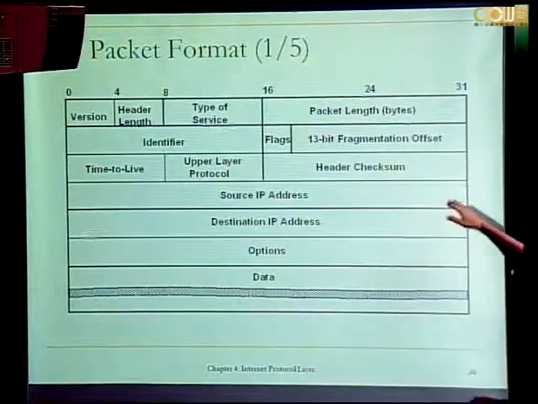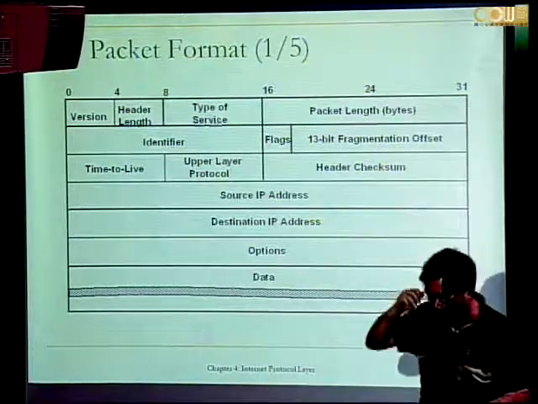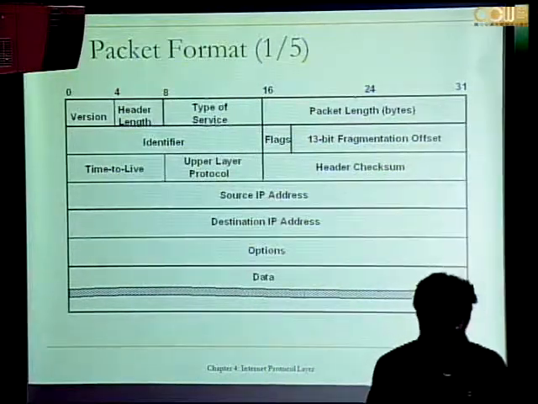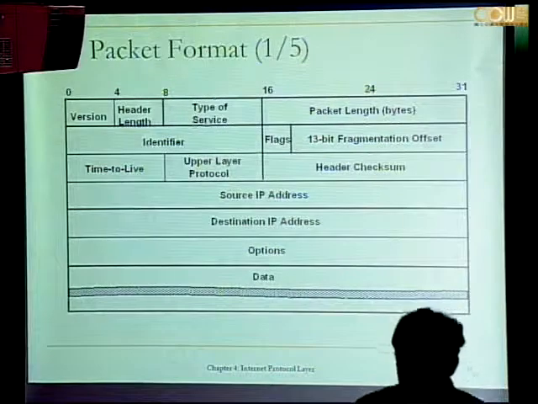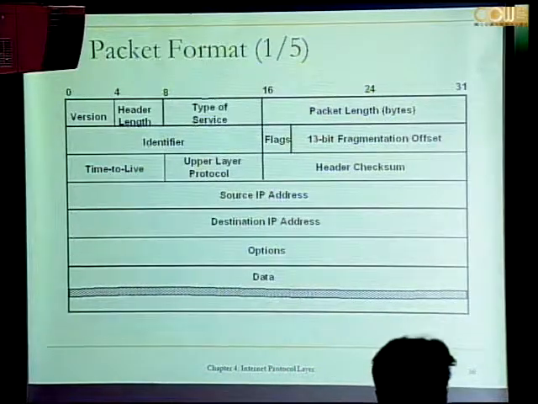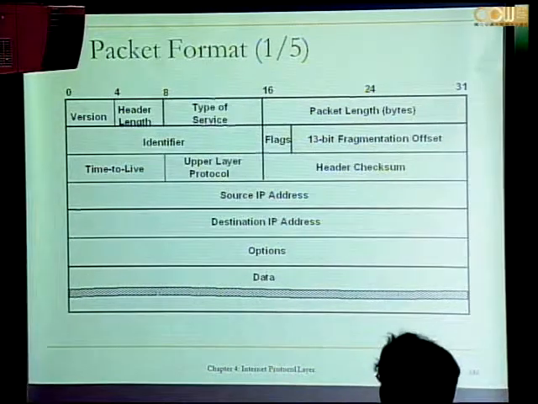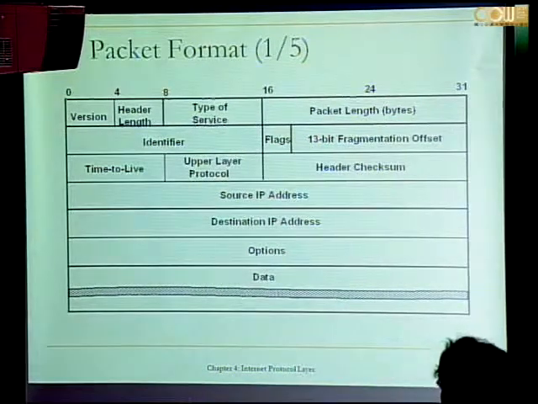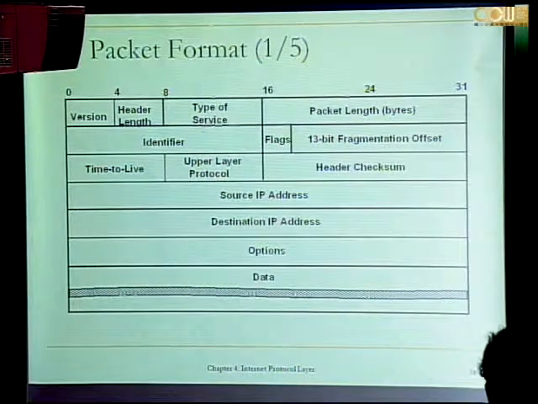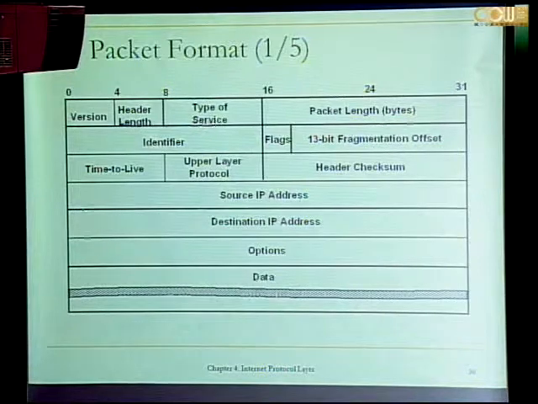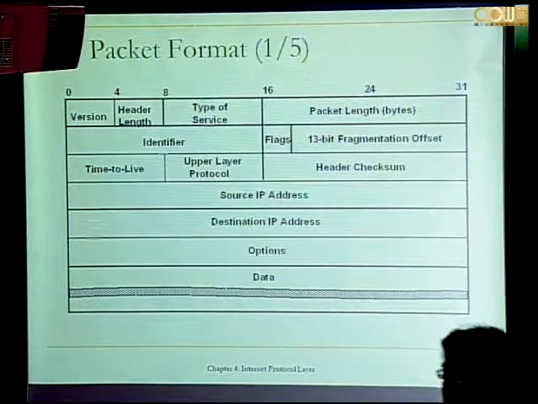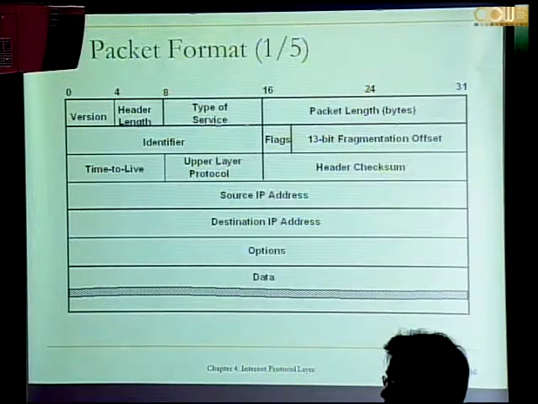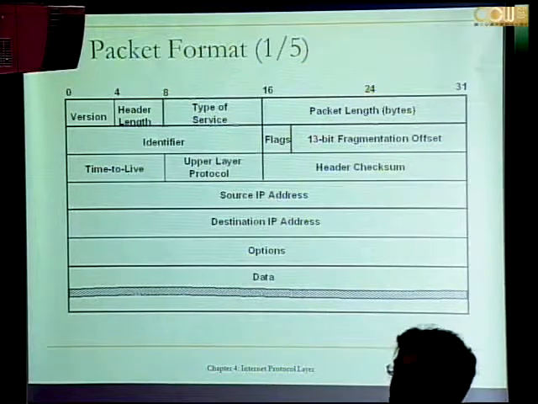But again, the header checksum here is to do error control on the header, and I send it. If the receiver got the packet and finds the header checksum is incorrect, then what? It would just simply drop it and do nothing else.